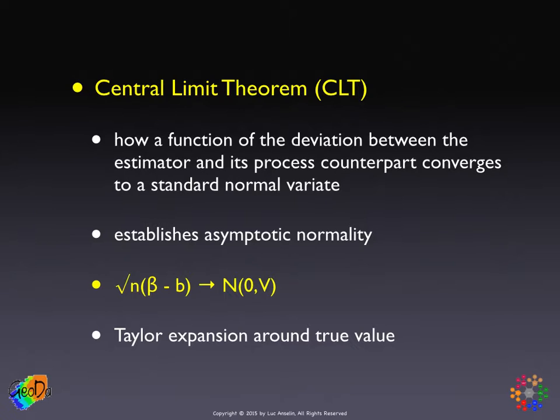So this is way too technical for the treatment here, but it gives you an idea what the central limit theorem is about. And then, of course, it lets you treat this rescaled variable as if it is a regular normal random variate.